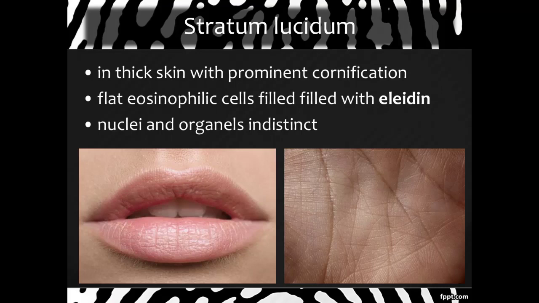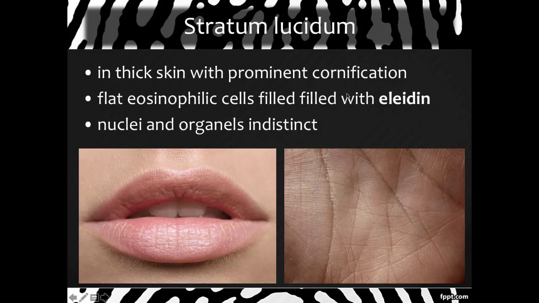The fourth layer is stratum lucidum, which is present only in thick skin type with the prominent cornification, and it's also in the thin skin of the lips. Flat cells, keratinocytes here, are eosinophilic.